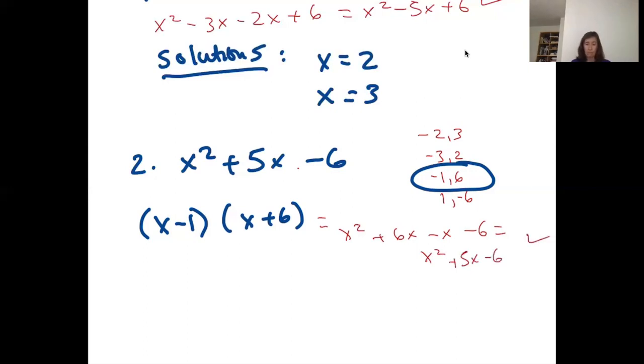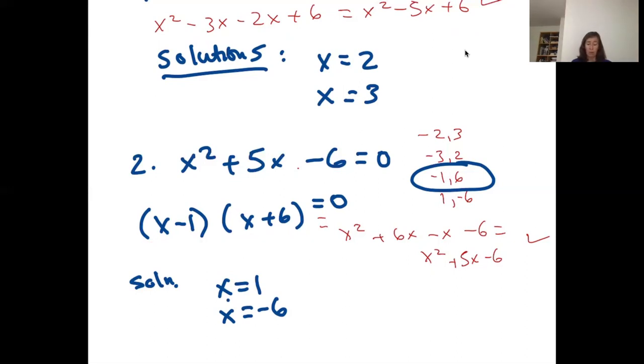Looks good. Again, going through the rest of the process, let's say that we're interested in factoring this to solve for x because this whole thing equals 0. So the solutions will be x equals 1 and x equals negative 6. x equals positive 1 will make this term 0. x equals negative 6 will make that term 0.